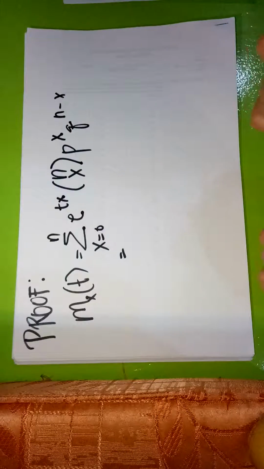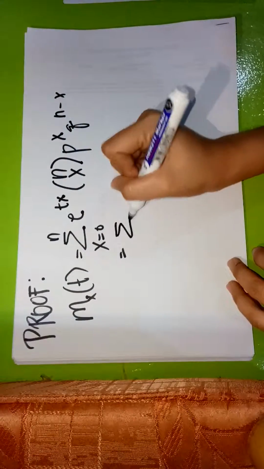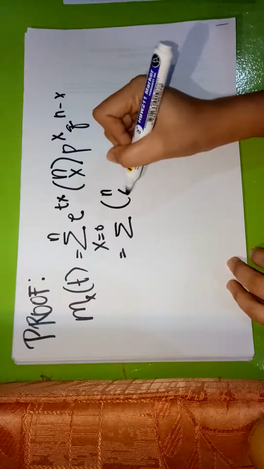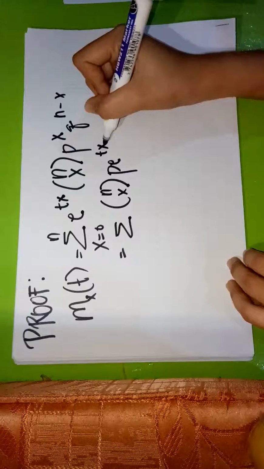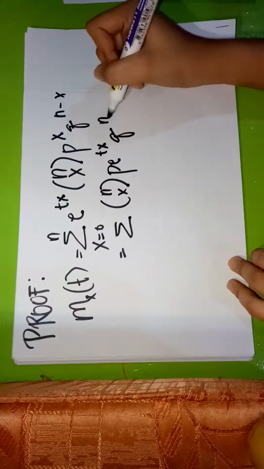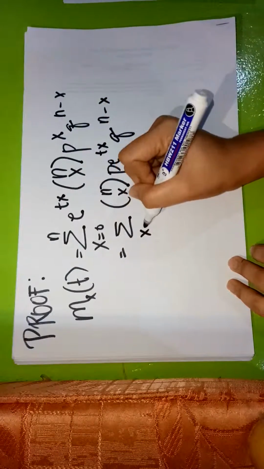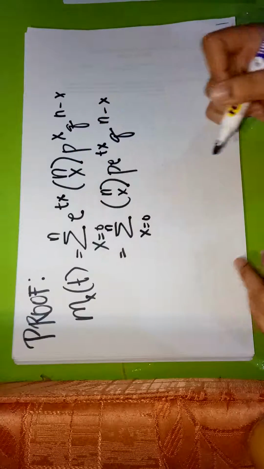Let's just put a beside p. So the summation of n taken x, pe to the power of tx, q to the power of n minus x, where x is equal to 0 up to n.